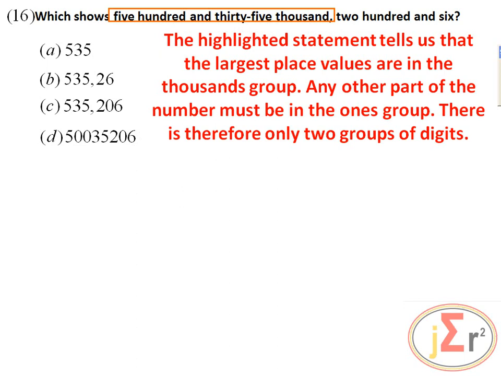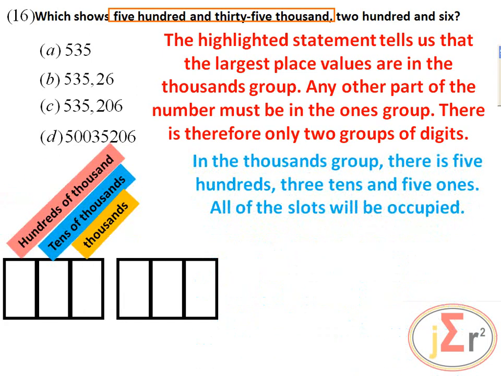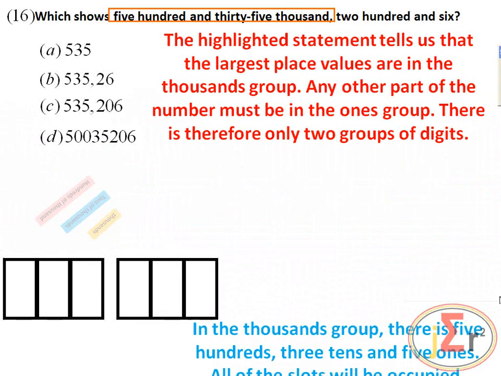Any other part of the number must be in the ones group. There is therefore only 2 groups of digits. So the largest we have is the thousands. So we have this thousand group represented, and we have the ones group. So there we have our 2 groups, the ones group and the thousands group.